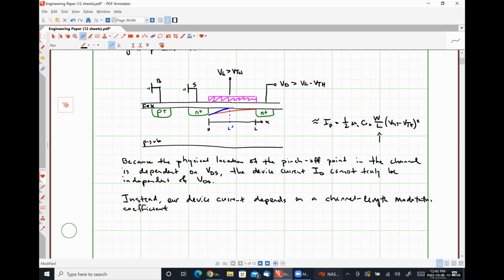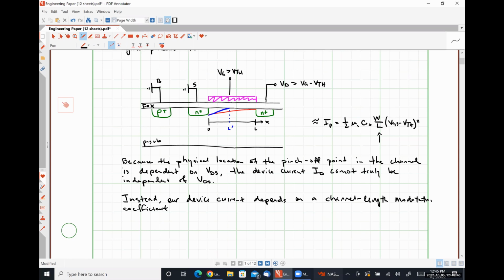But I want to say that in 335 and 336, I used lambda. The reason that they don't use lambda in our textbook is because lambda was being used for the scaling factor of the process technology node. Okay.